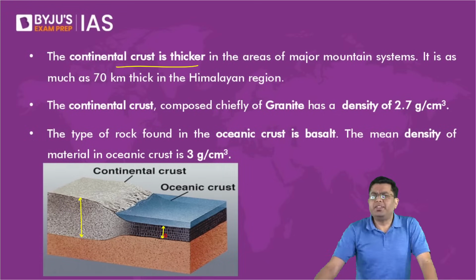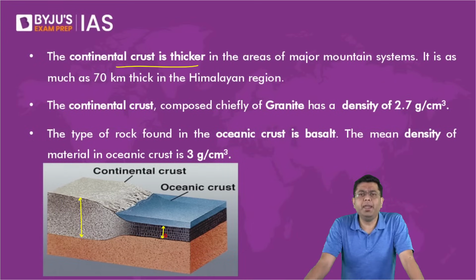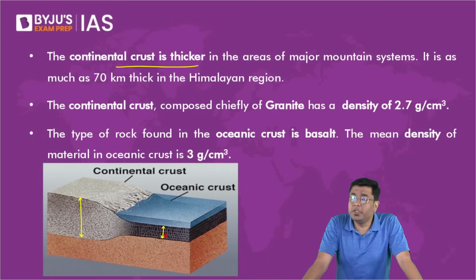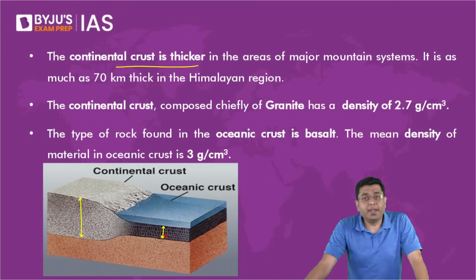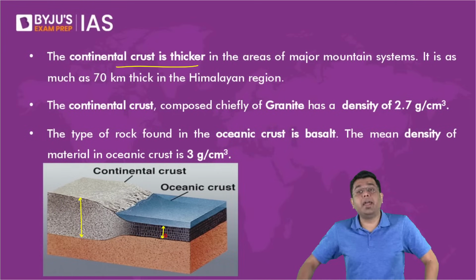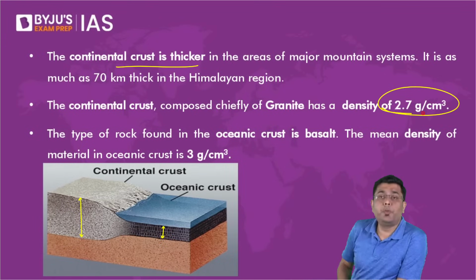Okay. Now, it is generally the continental crust that is dominated by silica and alumina, right? So it is also sometimes referred to as the Sial layer. But then you don't have to get into it. Just understand it is chiefly dominated by the granitic rocks, which have a density of only around 2.6 to 2.7 gram per centimeter cube.